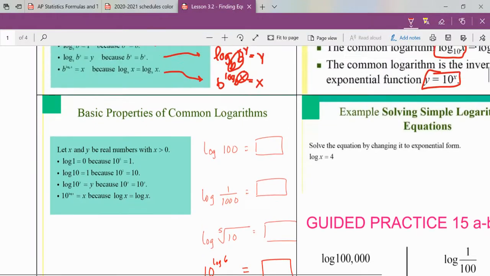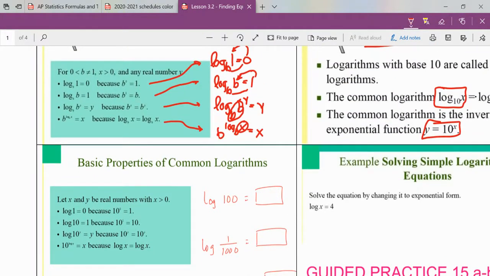These properties are the same. If I look between these two, this is just any base. This is specifically for the 10 base. So those properties are still really just the same as we go through these examples. All right. So get a little practice here trying to solve some problems using logarithms.